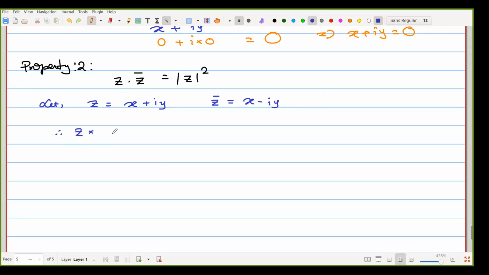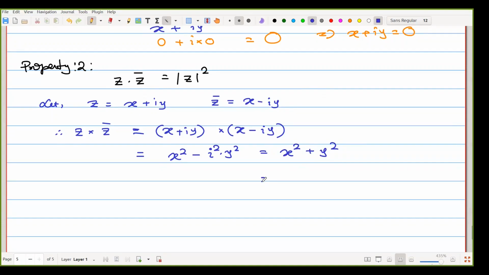So z into z bar gives us x plus iy into x minus iy, which gives us x square minus i square into y square, which means x square plus y square.